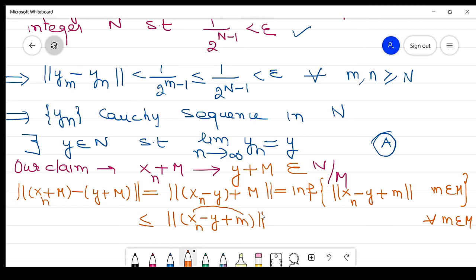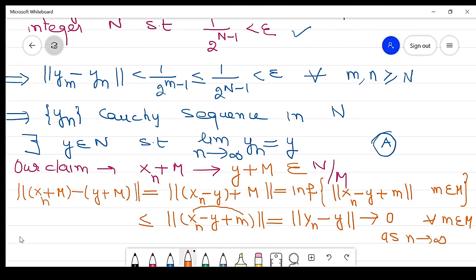This is yn, we know that this is yn, so this is the norm of yn minus y. So by equation A, it approaches 0 as n approaches infinity.